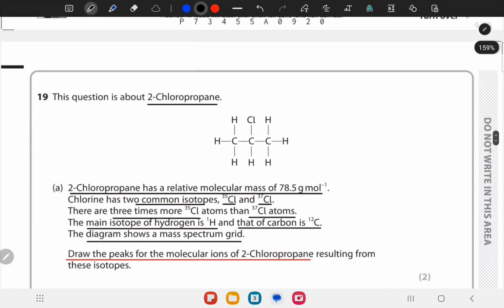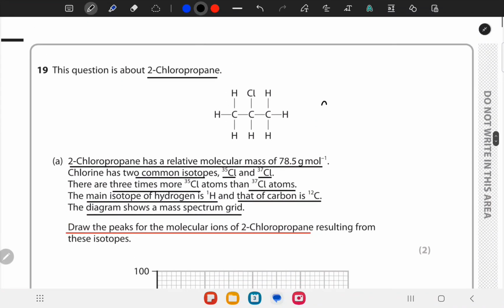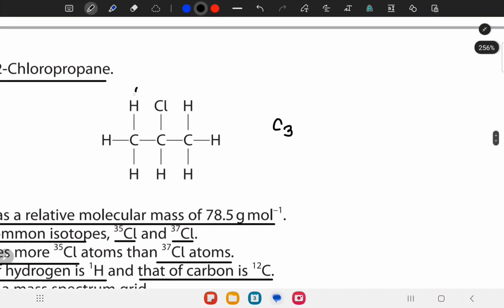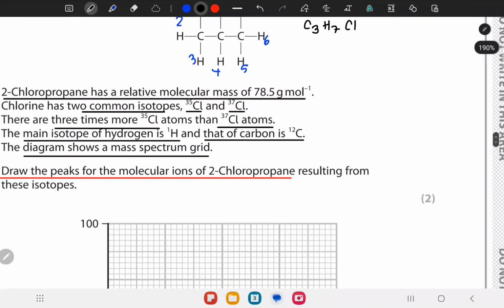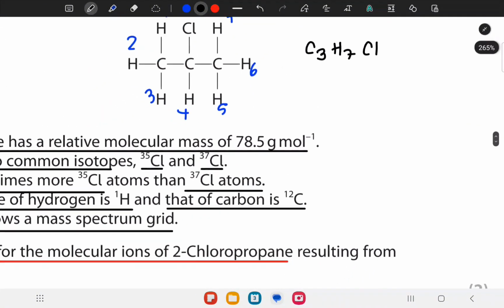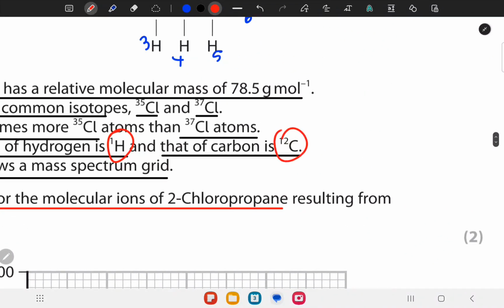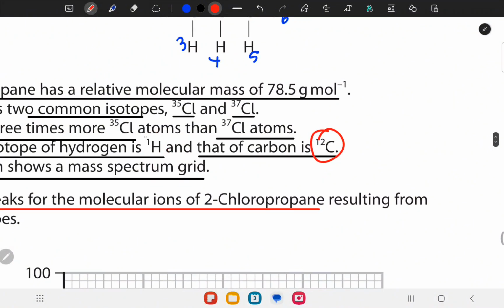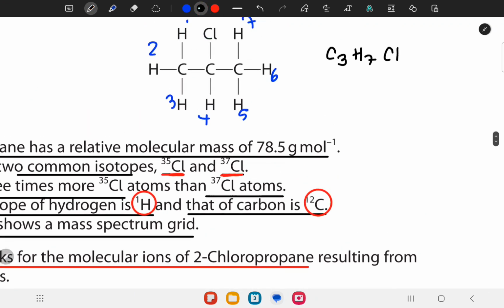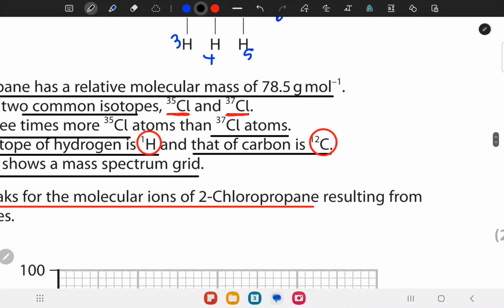So 2-chloropropane is C3, 1 2 3 4 5 6 7, so C3H7Cl. We are only dealing with one mass of hydrogen and carbon, so only one isotope of hydrogen and carbon we'll consider in this case. But for chlorine we'll be considering two different isotopes, so we can have two different masses for that.